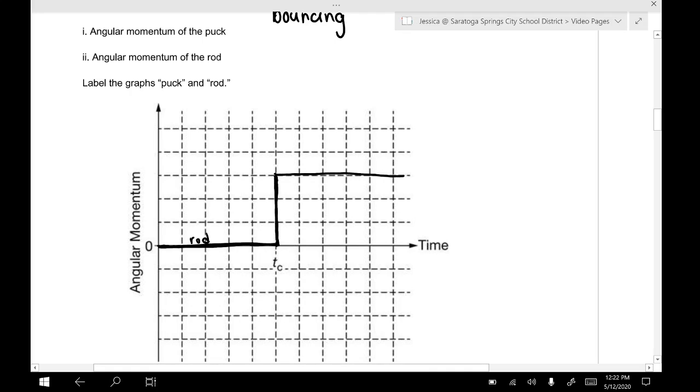Okay? And we can have that change occur immediately, or if you want to have it more realistic, you can have the change occur over a small time period like so. Okay? Whatever is going to work best for your brain. Okay, so now we need to do the angular momentum of the puck.